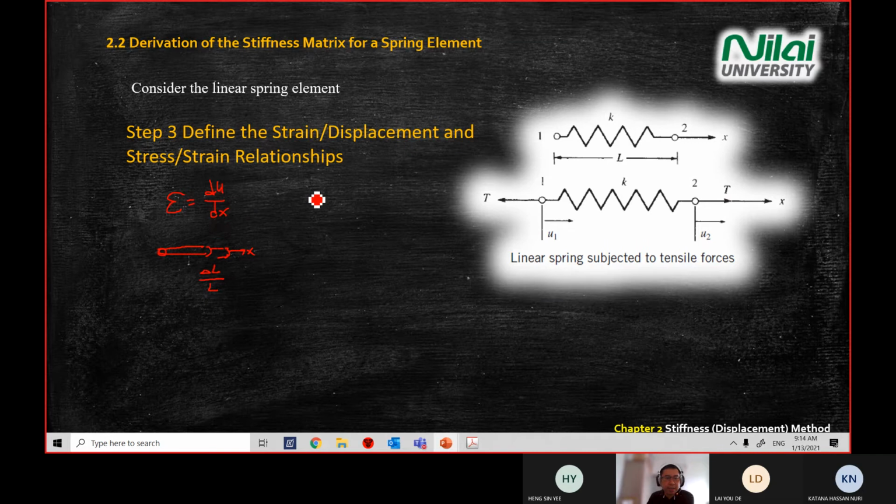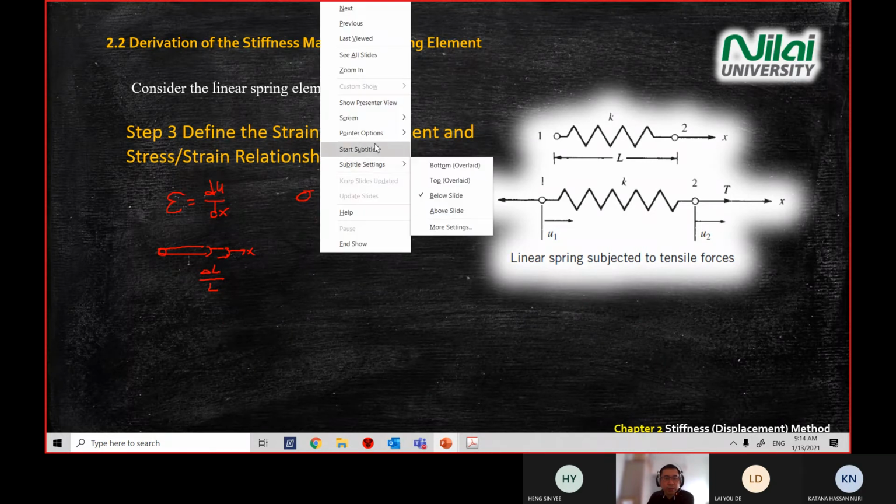And for stress, you use Young's modulus: stress equal to E times the strain. You should be able to recall this.